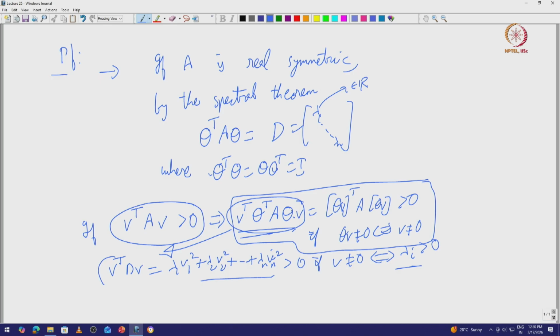But this being positive is equivalent to this. Why? Because suppose we want to prove this is positive, if you instead take some other vector. So declare W to be theta inverse times V, which is basically theta transpose times V. Then W transpose theta transpose A theta W equals what?